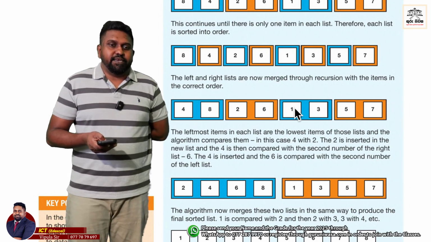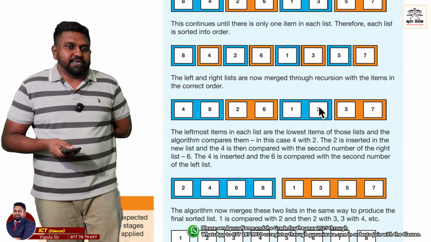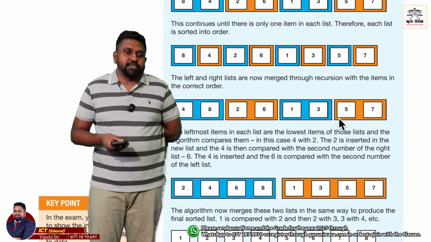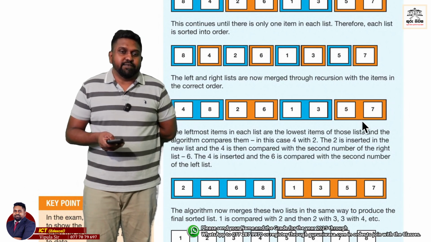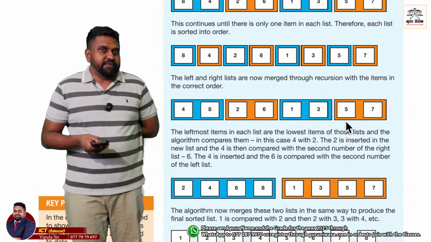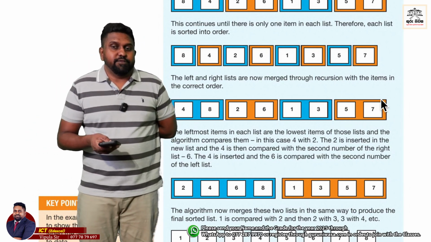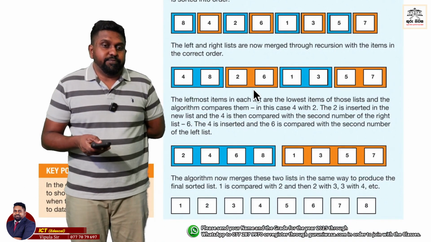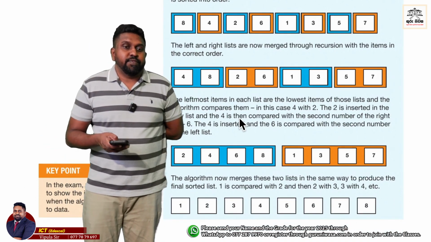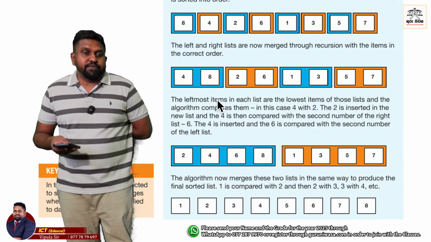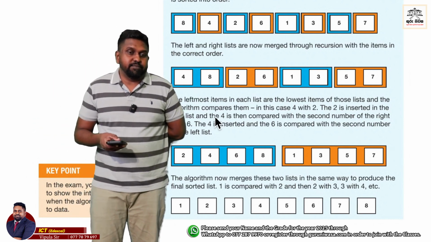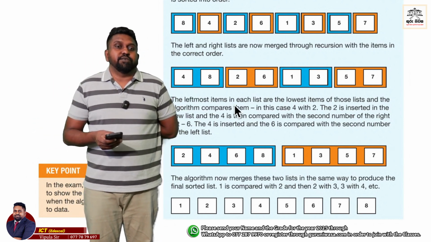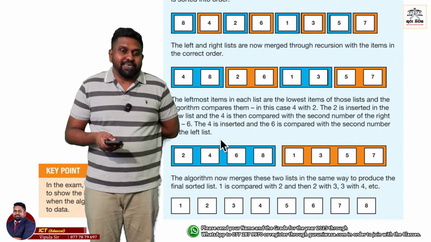Again 1 and 3, that's also not going to change. And 5 and 7, 5 is less than 7, so that also does not change. This will leave the rest of the items, which you again have to split and search.